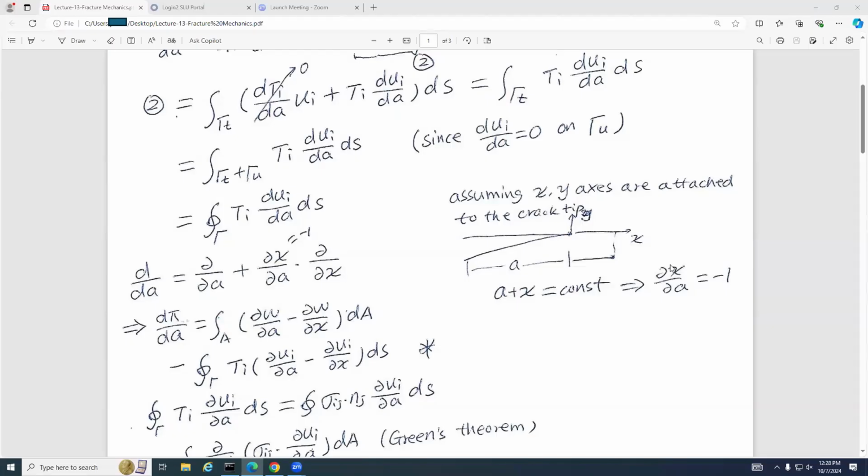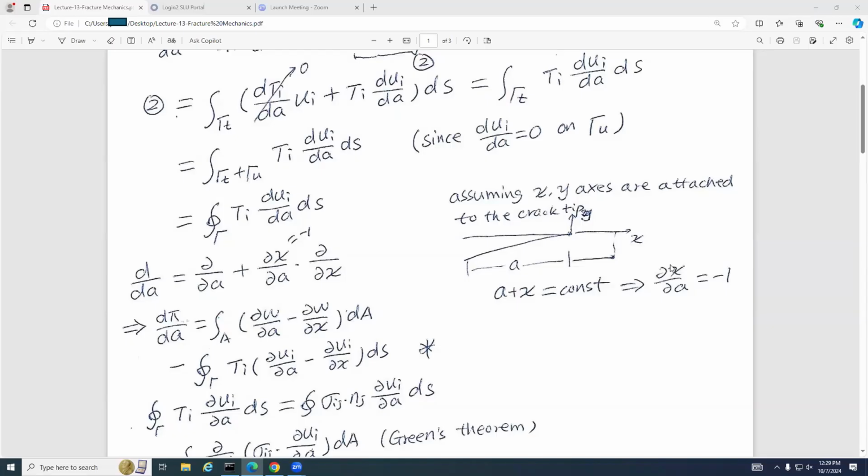Why do I need to do it? Because here it is only gamma t, and I want to have both gamma t and gamma u. Also here, dui/dA equals 0.